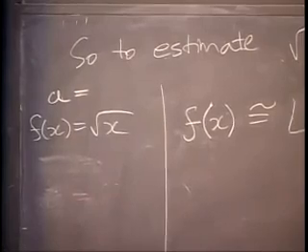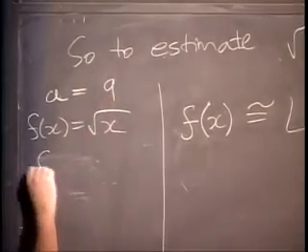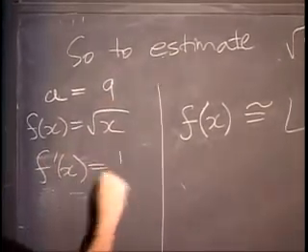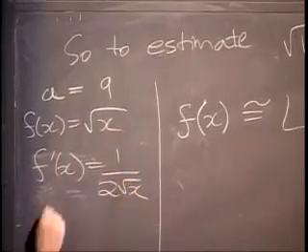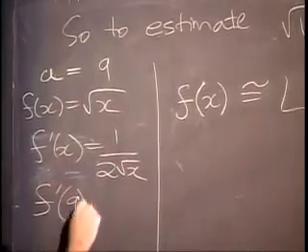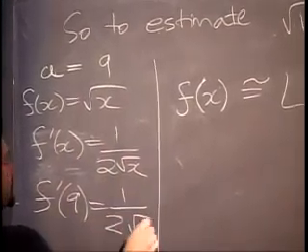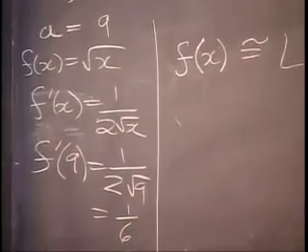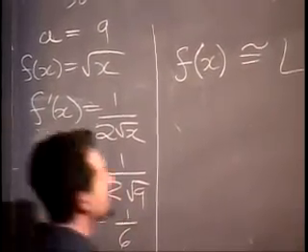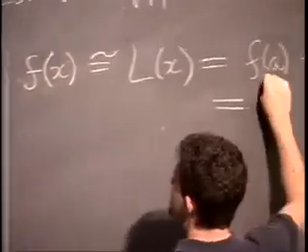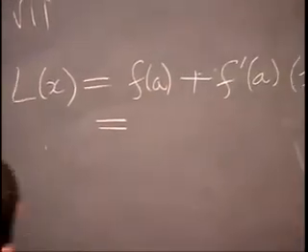Well, we've already discussed it. It's 9. So the derivative is 1 over 2 root x. And the derivative at 9 is 1 over 2 root 9, which is 1/6. That's just nice working to keep this tidy. You see, f of a is just square root of 9.